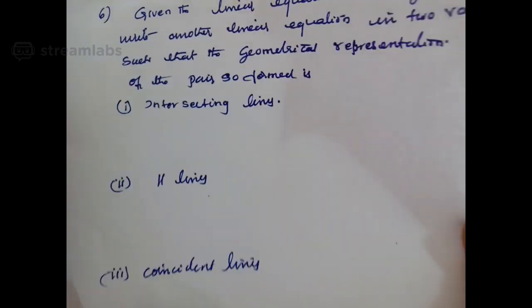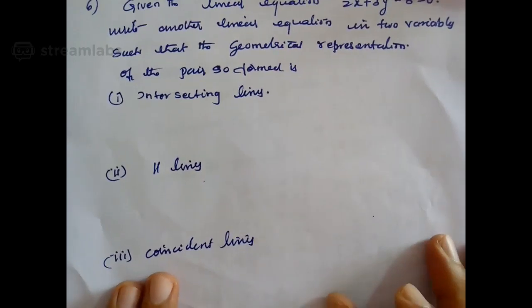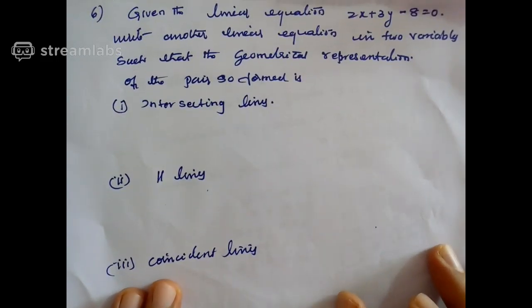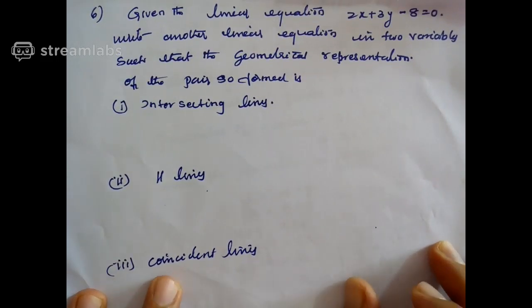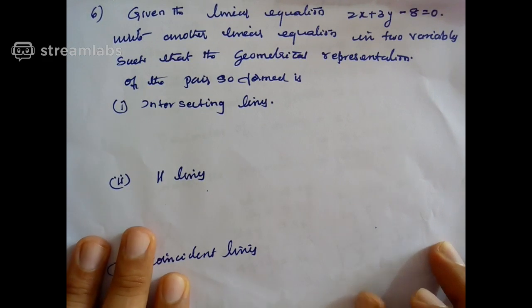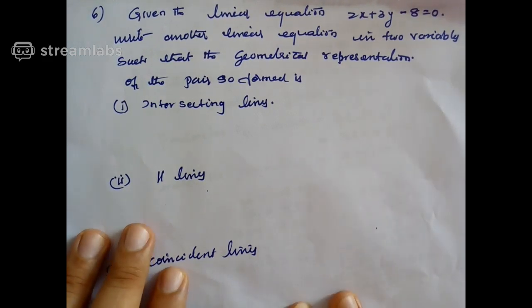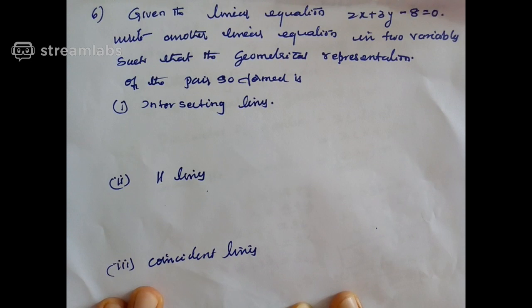Okay, next one. Problem number 6. See problem number 6. Given the linear equation 2x plus 3y minus 8 is 0, write another linear equation in two variables such that the geometrical representation of the pair so formed is intersecting lines, parallel lines, and coincident lines.